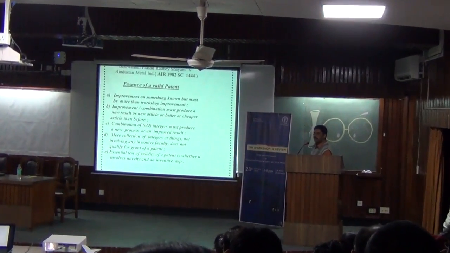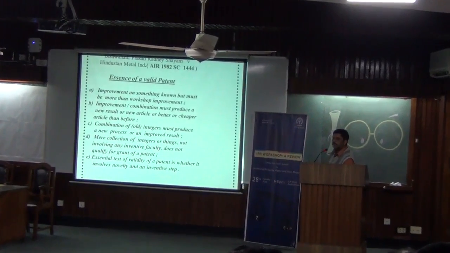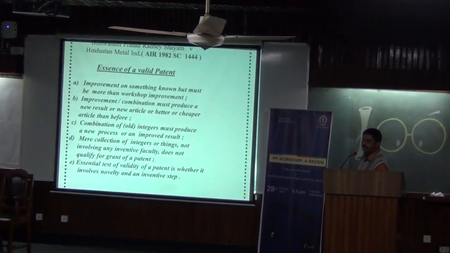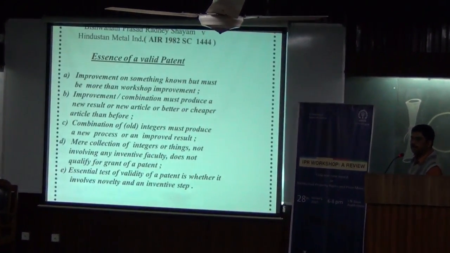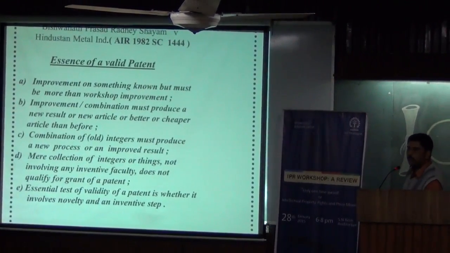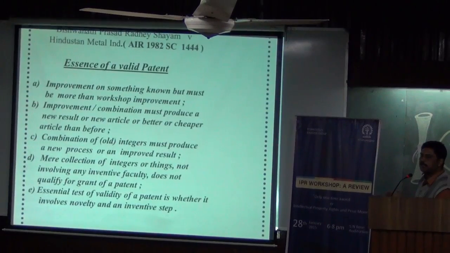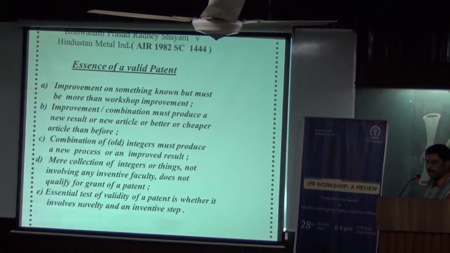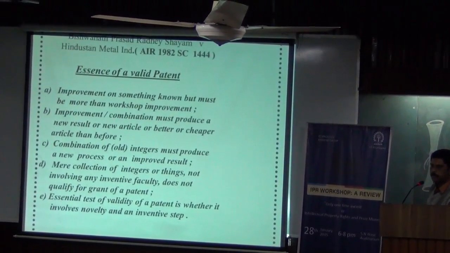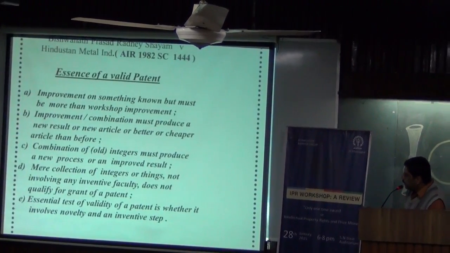If not, it may not qualify, because both integers are performing independently. You are not getting an efficient system out of those; they are only doing their own performance. But if the integers perform in a better way together, then it may qualify to be patentable.